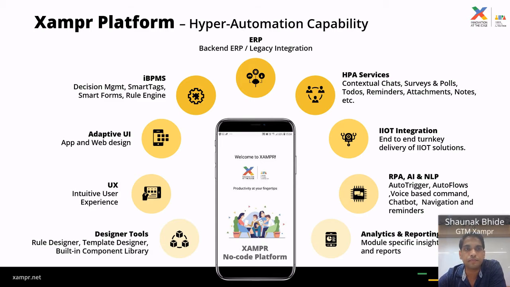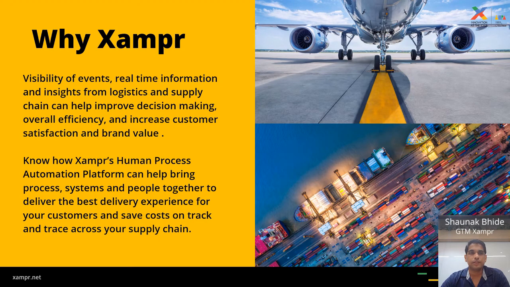I wonder why Xampr for a track and trace application. Imagine getting access from the edge of your enterprise, the movements of goods, whether it's part of your supply chain movements or part of your customer delivery commitments. Ability to get access to that real-time goods movement, data points around it in case you have some sort of an IoT scenario around it, and being able to do that on a no-code application platform.